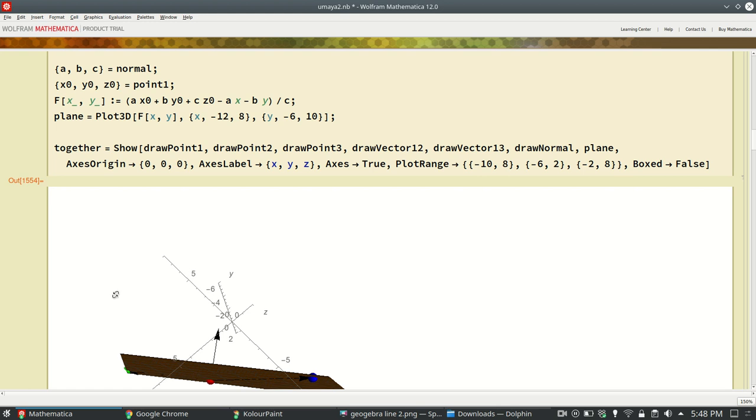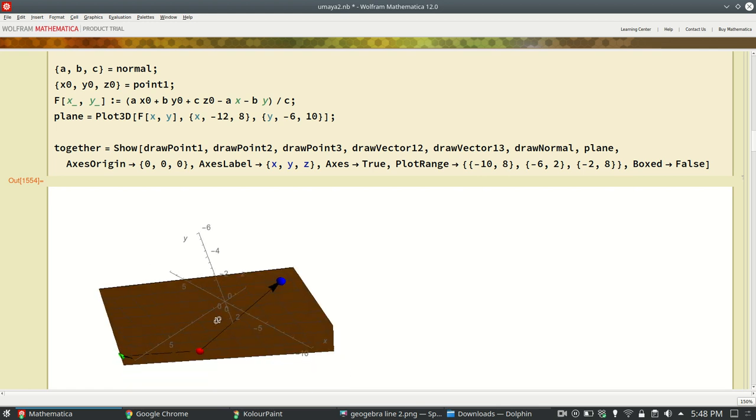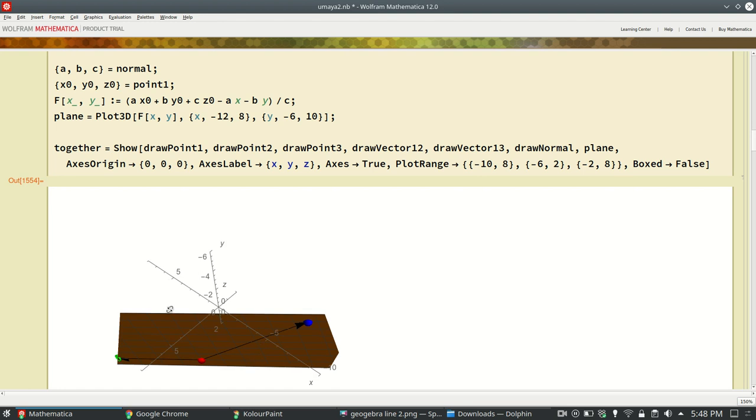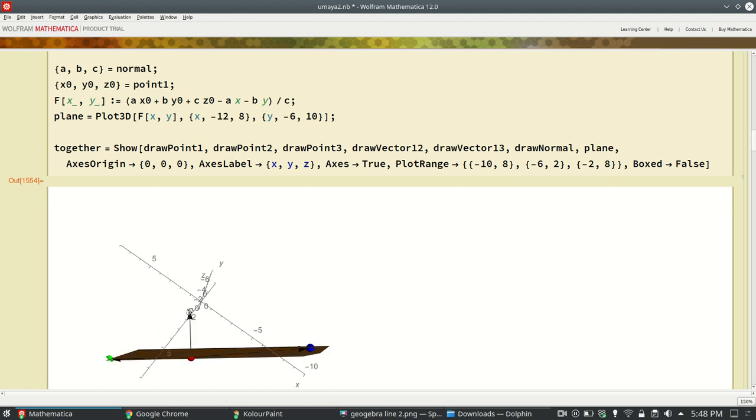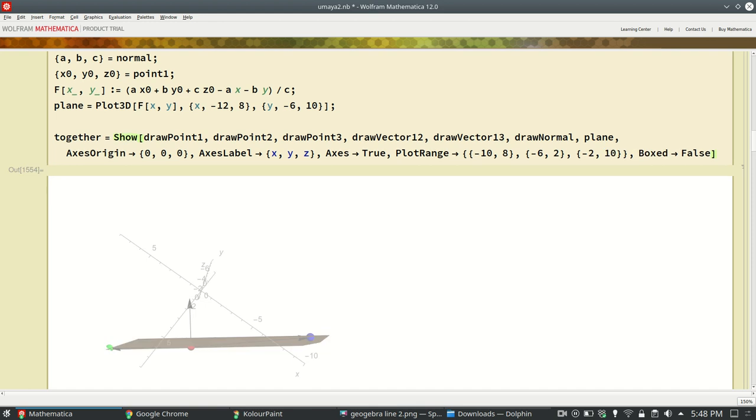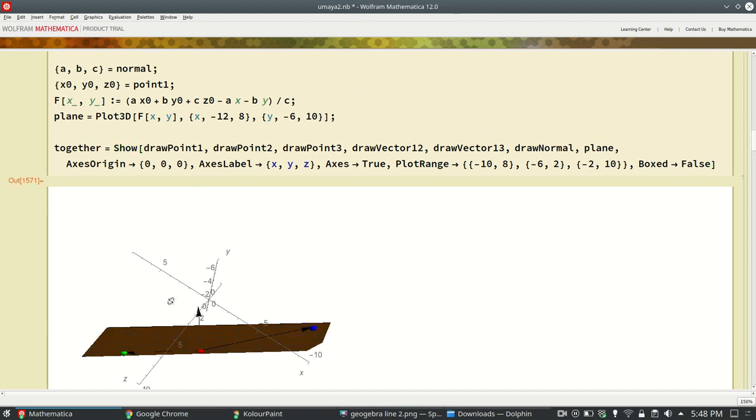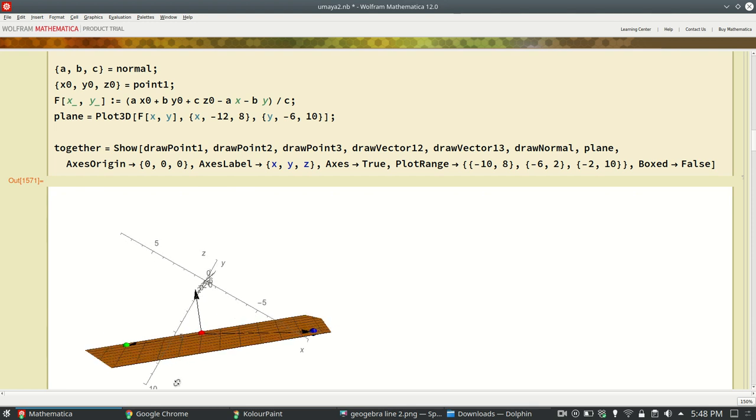Is this the x-axis? Yeah, that's the x-axis. Positive x. So this is 2, 3, 4, 5, 6, 7, 8. Maybe I need some more on the z. Yeah, I think I need some more z. So I'm going to add some to the z there and see if that helps. Ah, that does help. Okay, so yes, now we have them all.